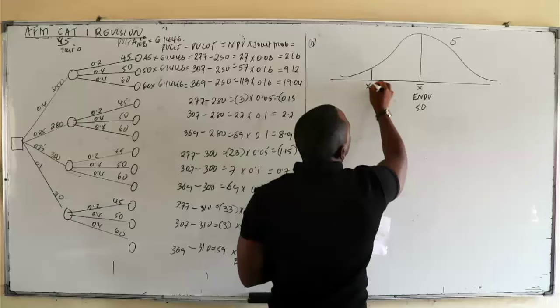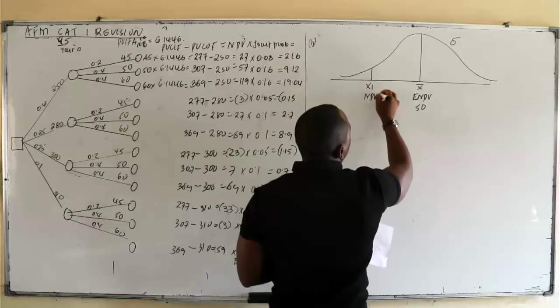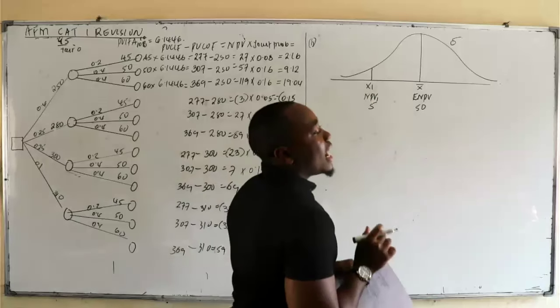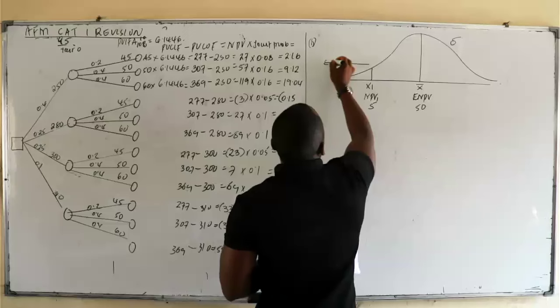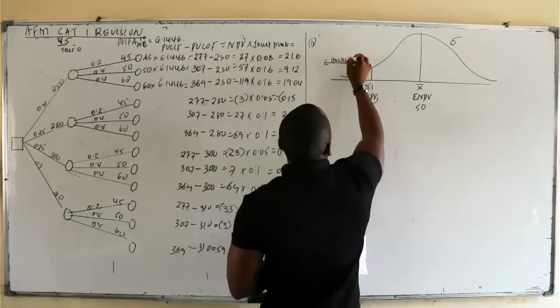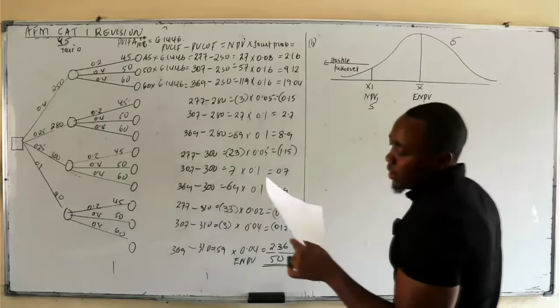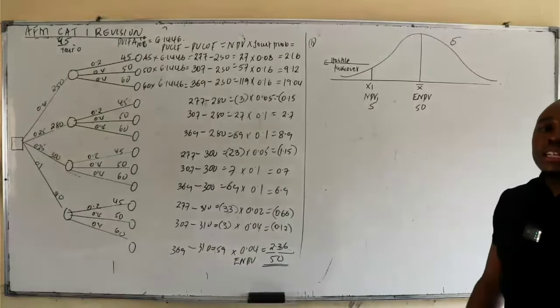Now this is what you call X1. In this case, in terms of NPV, is what you call NPV1, of which you are told that if it's less than 5 million, ASMEO Limited will be exposed to a hostile takeover. If it's less than that, so here we are exposed to a hostile takeover. Now the question is, compute the probability that ASMEO Limited will avoid hostile.